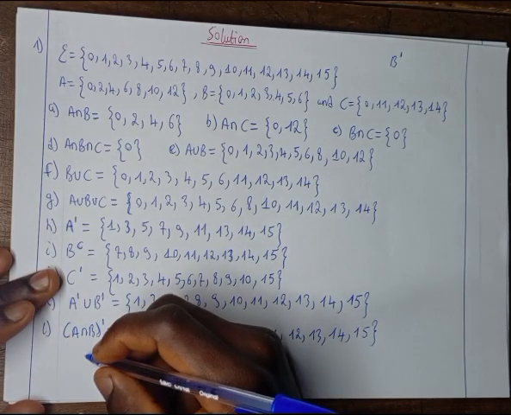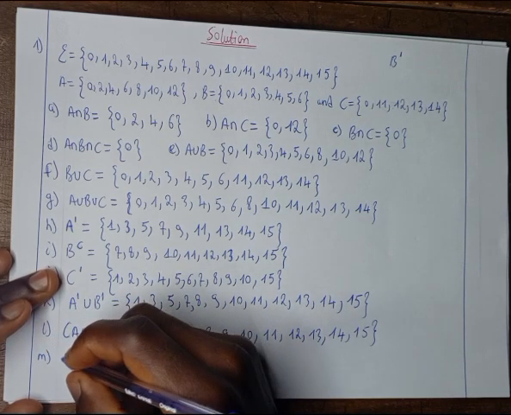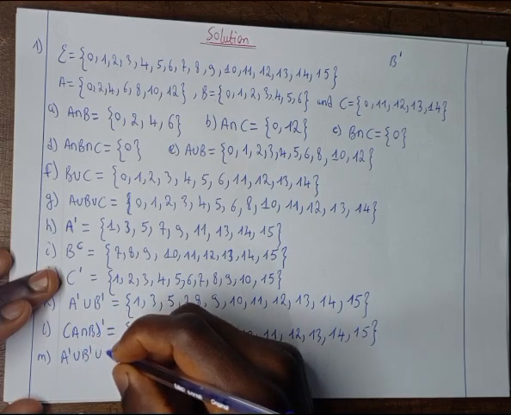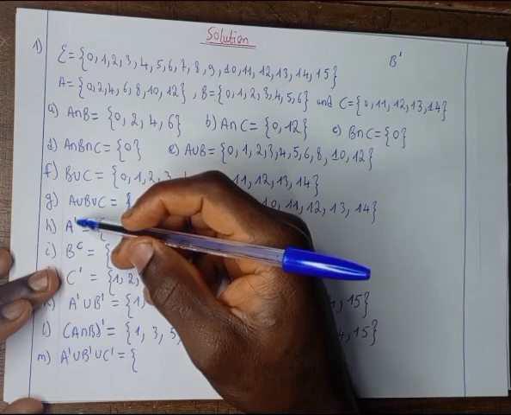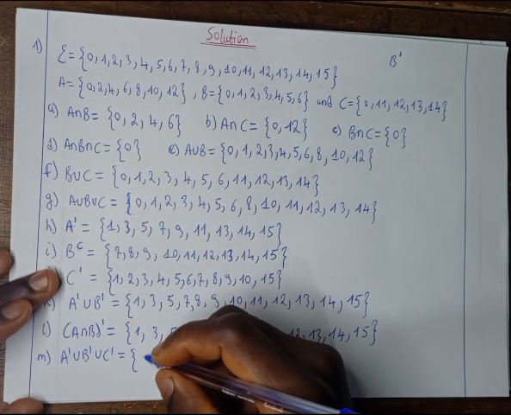We go now to the next question, question M. We need A complement union B complement union C complement. This will simply be equal to, we are going to copy the elements of these three sets. This will give us 1.